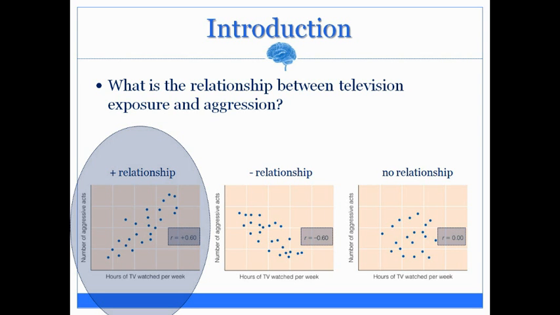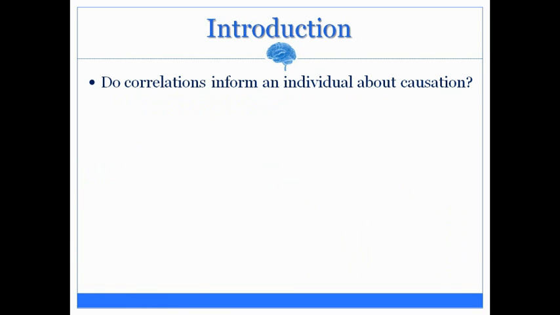So does this positive correlation allow an individual to determine cause? Well, let's investigate that question. Do correlations inform an individual about causation? And the answer is no, absolutely not. If you have a correlation, that does not mean that cause is in accord.